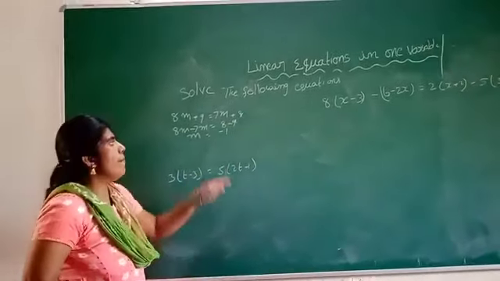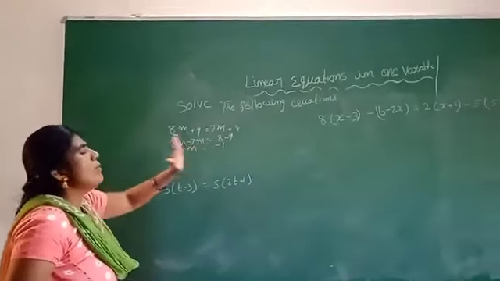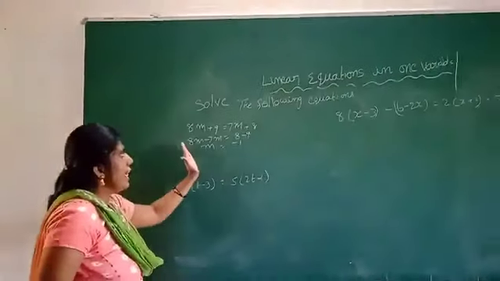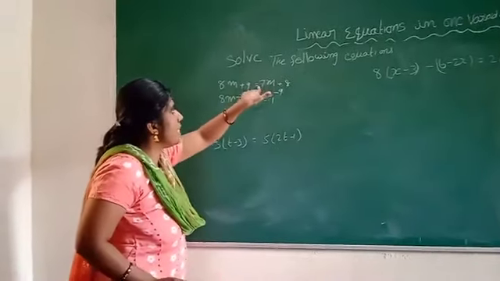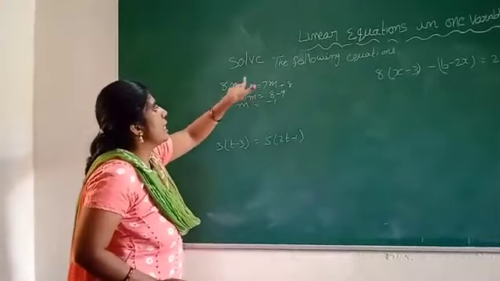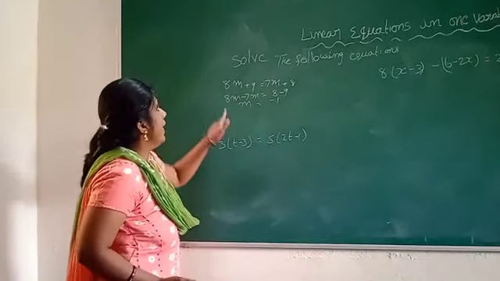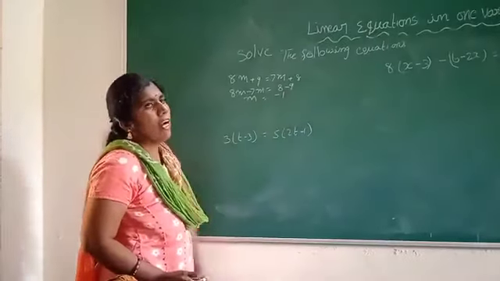M equal to minus 1. Okay, is it clear? First all variables are on one side, constants on one side, to change. Plus 7m becomes minus 7m. Plus 9 is changed to minus 9.